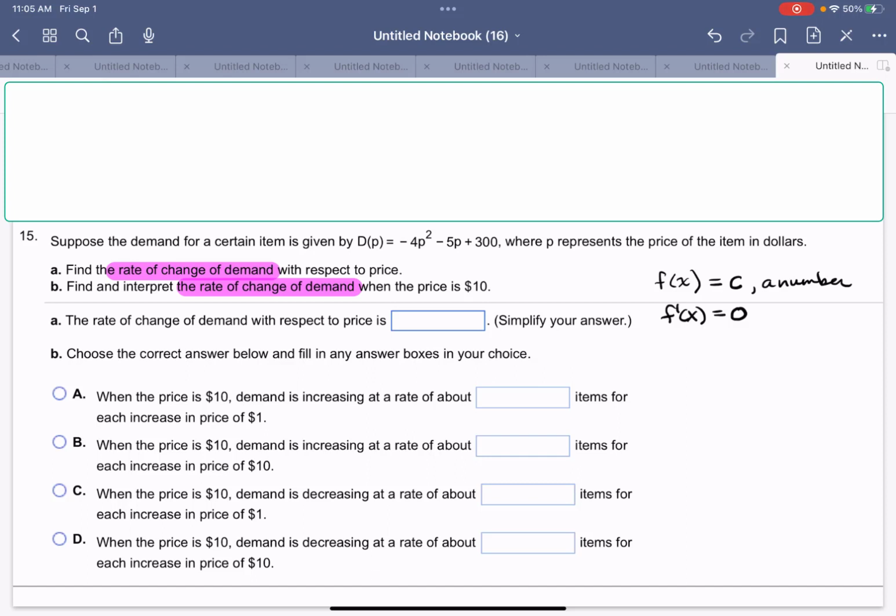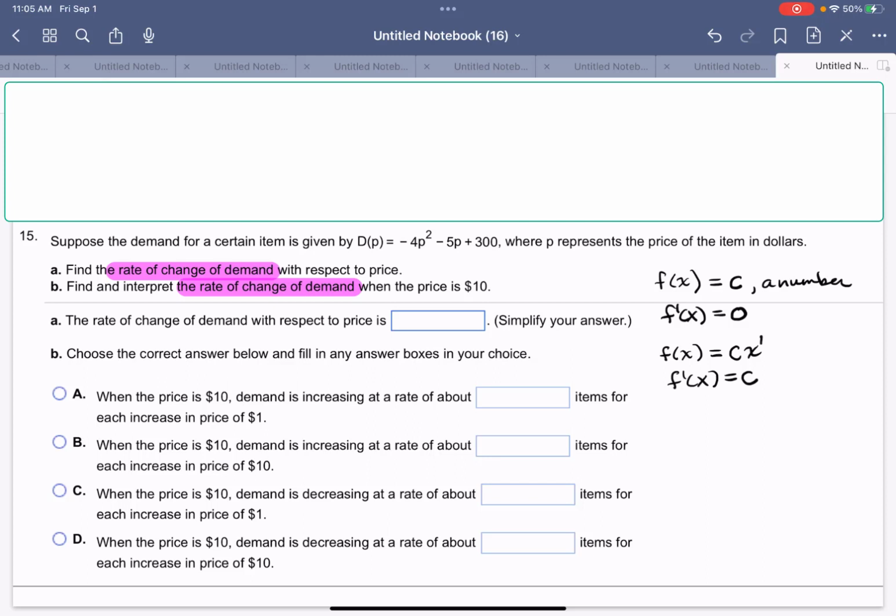Then we said, if part of a function is c times x, then the derivative of that function is just going to be c, which is the slope of a line, and cx represents a line. So when you have a constant, its derivative is 0, and when you have a constant times an x to the 1, that constant is going to be the derivative.